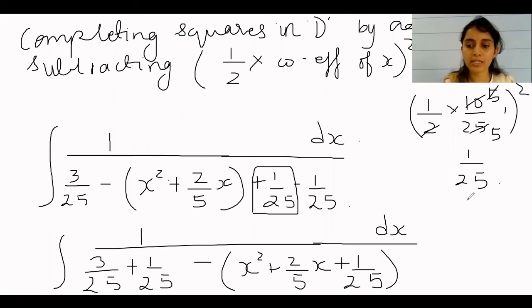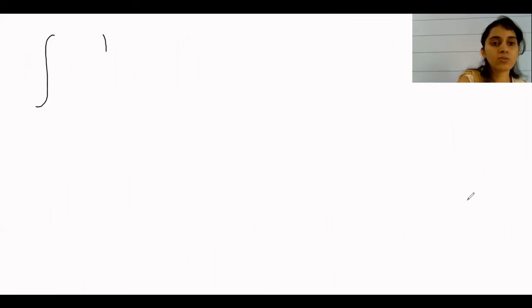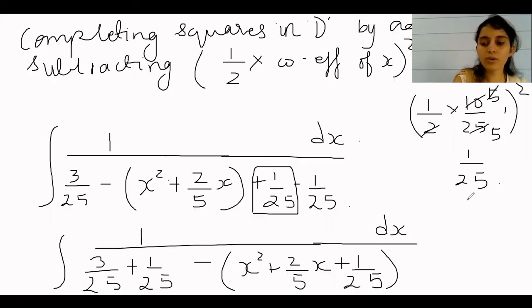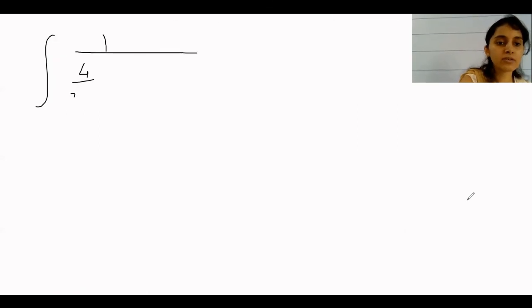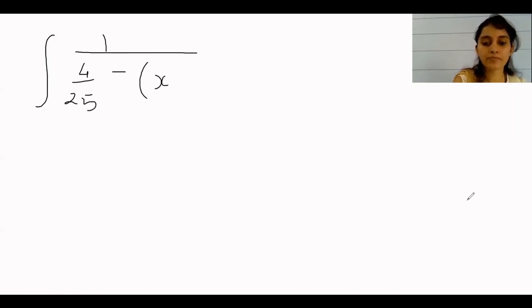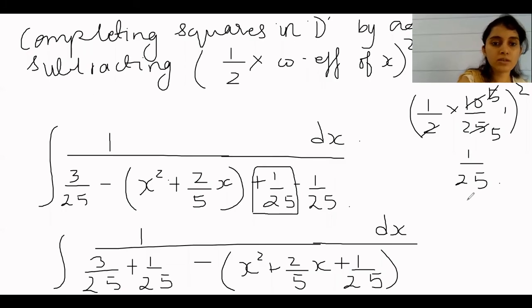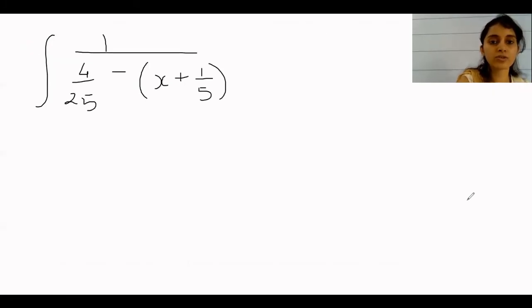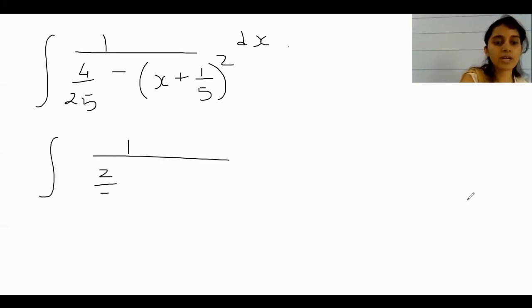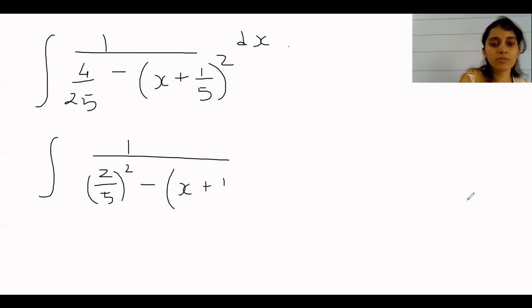We are going to write it in the square form. So it will be integration 1 upon 4 upon 25 minus x plus 1 upon 5 the whole square dx. Okay, so this can be written as 1 upon 2 by 5 the whole square minus x plus 1 by 5 the whole square dx.